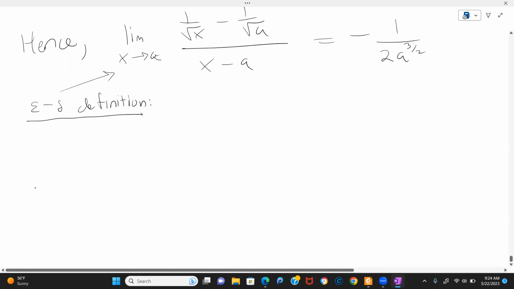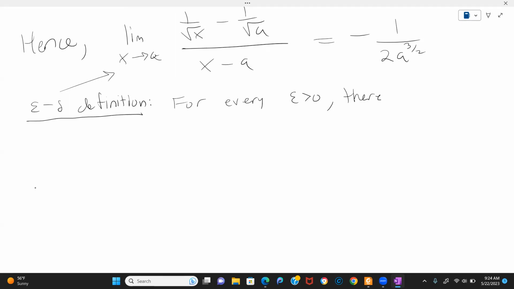We would need to show that for every epsilon, there exists a delta that's positive.